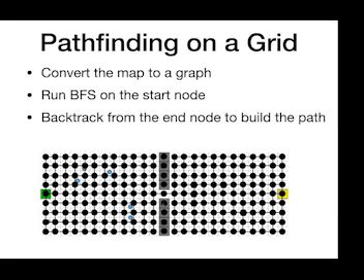But you definitely wouldn't have connections to nodes in these locations, but you do have connections in any direction that a player can travel. So if we can go up, down, left, right, we're going to make those connections. And now we have our graph. We'll have a starting point and an end point in this graph. We can run BFS to find the shortest path, and then return that path as the path that should be traveled.